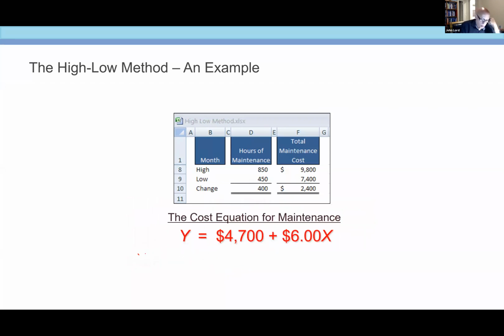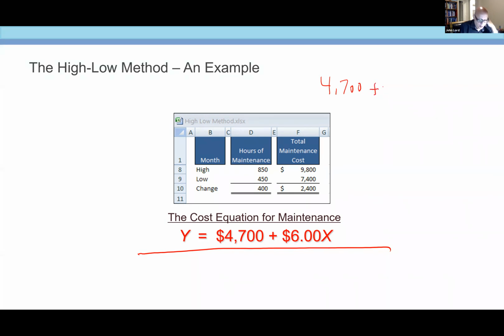Now I have a formula where I can plug in any amount of hours I want to predict what my total overhead cost is going to be, because I want to come up with a predetermined overhead rate. So let's say, just for kicks, that next year my total hours are going to be 1,000. How would I set up my predetermined overhead rate?